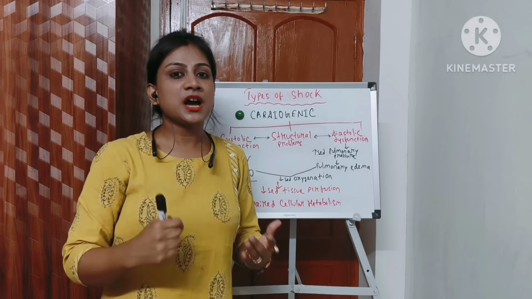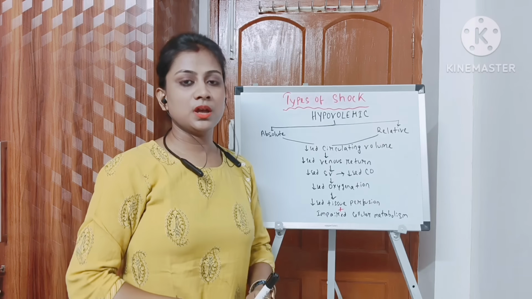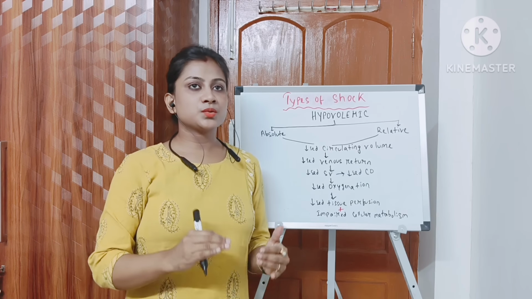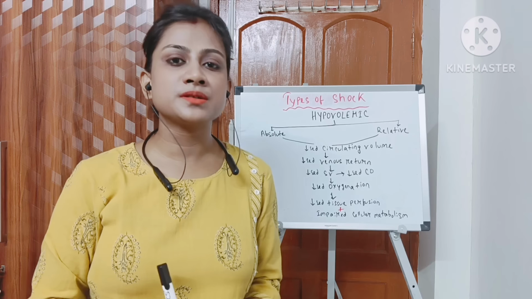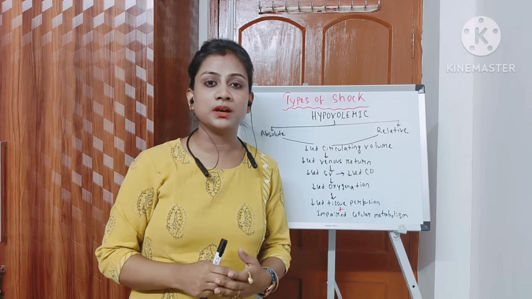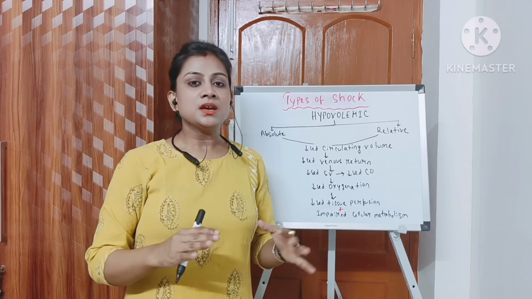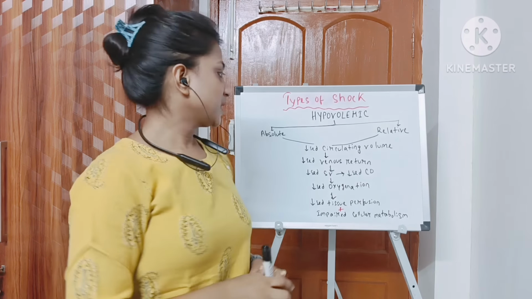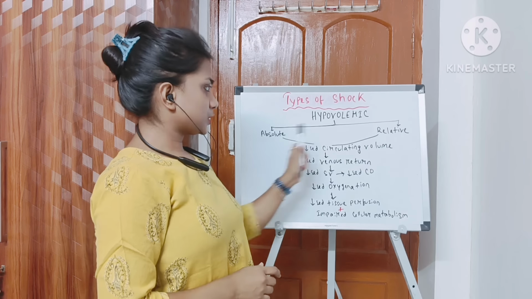Next, moving to the hypovolemic shock. Hypo means decrease, and volume we know. So whenever the volume decreases, due to lack of fluid or lack of blood, when hypovolemia happens, the patient can develop shock from that also. There are two causes, absolute and relative.